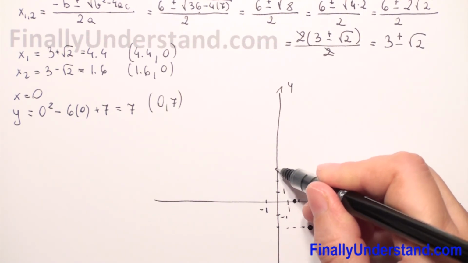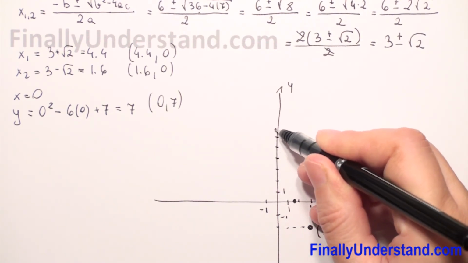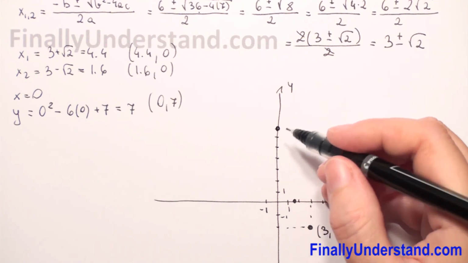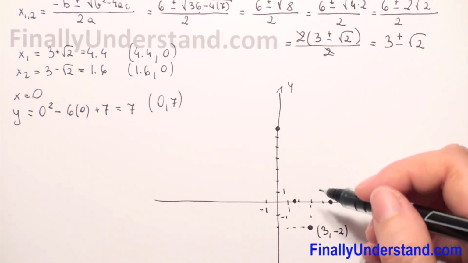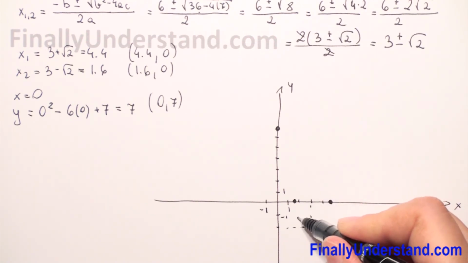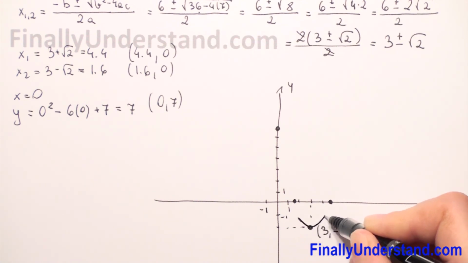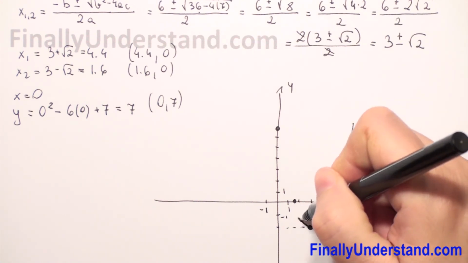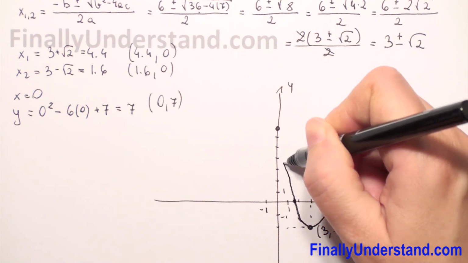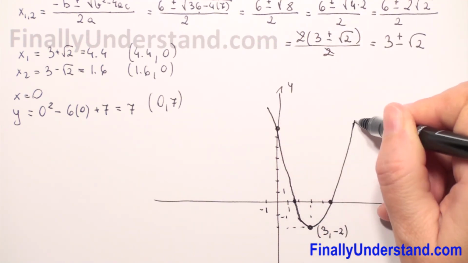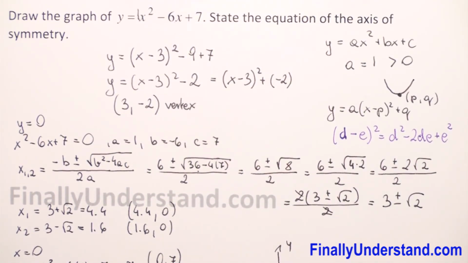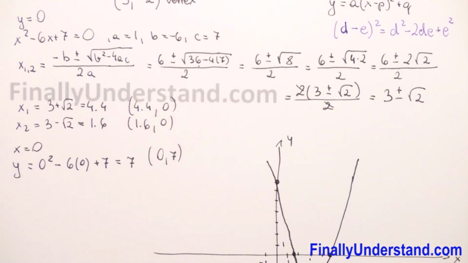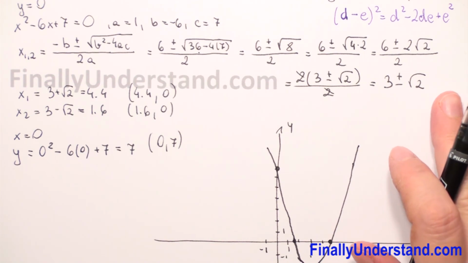So it will be 1, 2, 3, 4, 5, 6, 7, approximately here. So now we have to just draw our parabola. It will be something like this. Our parabola must pass these points. It opens up because the coefficient before x squared is positive. We have the graph of our quadratic function.